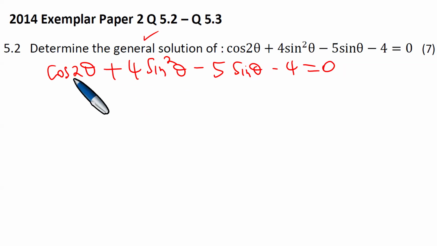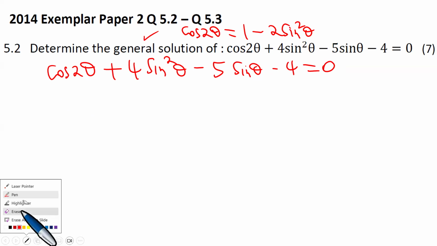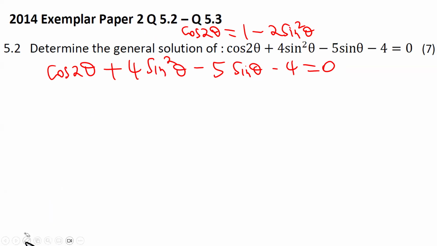The giveaway is we have a double angle formula, and we have terms that involve the sine of theta. So we need to take note of the fact that cosine 2 theta is equal to 1 minus 2 sine squared theta. That's the identity that's going to work. You will try some of the problems here to practice along.